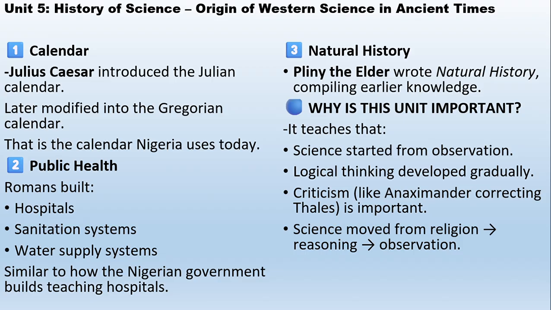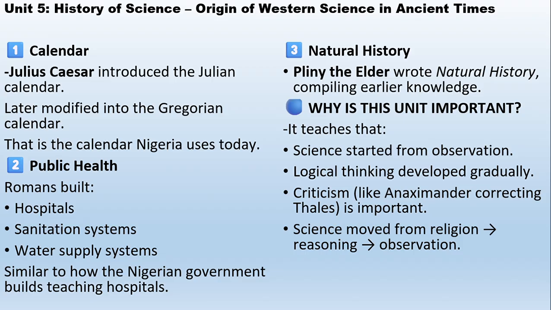He piled it up, connected it together, and wrote about it. Natural History is a massive work on science and nature. He compiled all the earlier knowledge, from Egypt down to Greece before it came to Rome.